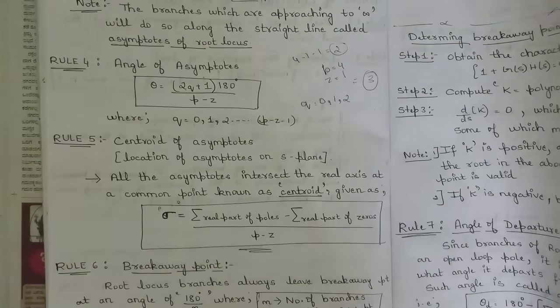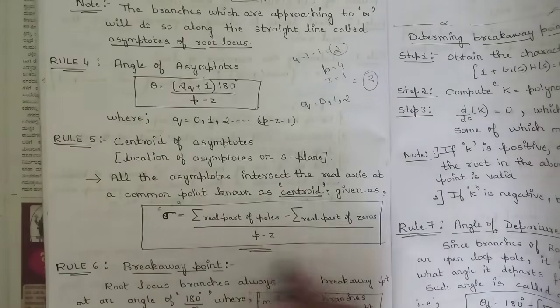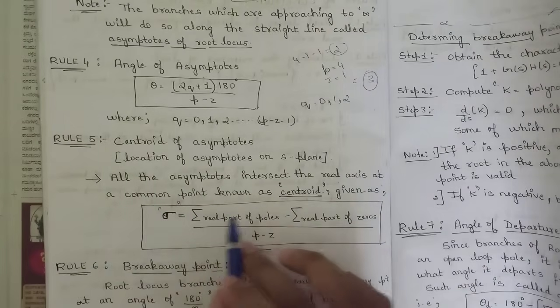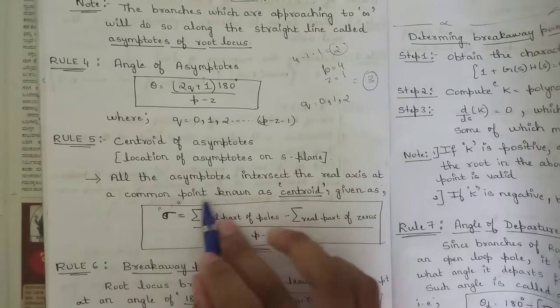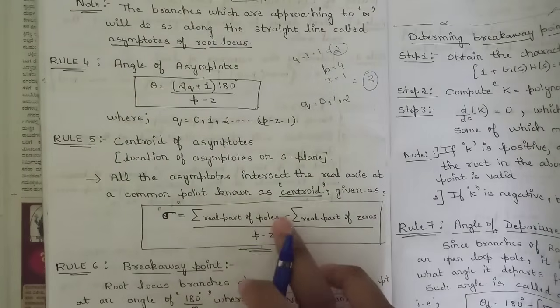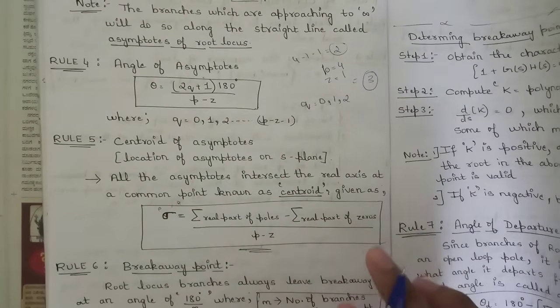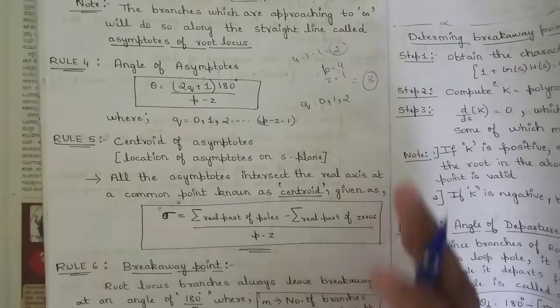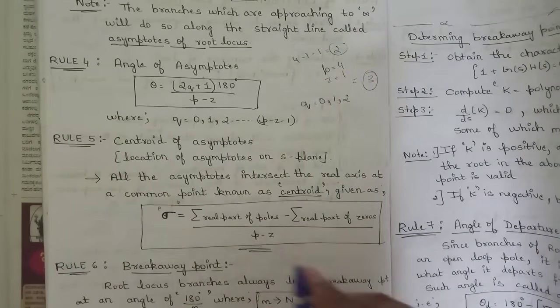For a particular transfer function, we cannot say that the poles or zeros obtained are purely real in nature. They might be imaginary as well. That is why, to calculate this sigma, we use this formula: in the roots obtained, we sum up all the real parts of the poles, minus the sum of all the real parts of the zeros if we have zeros, divided by the number of poles minus the number of zeros.